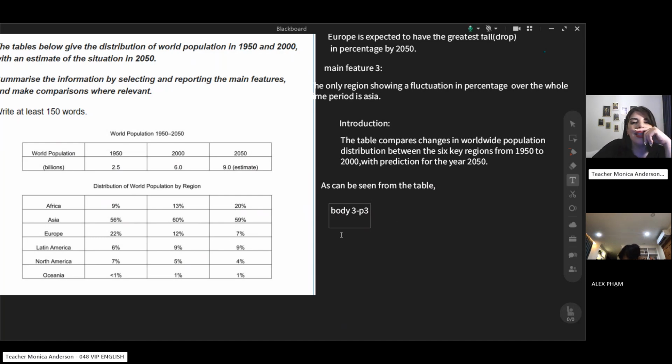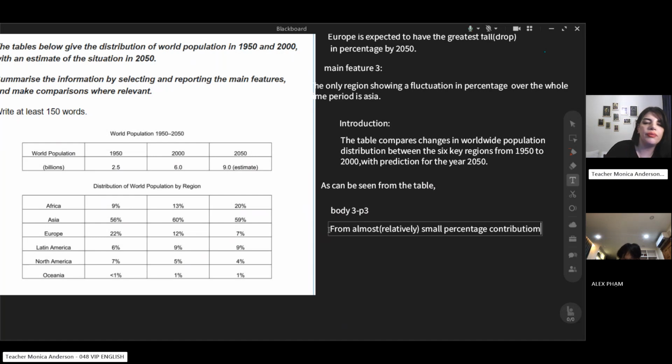So we can say that from relatively, for example, small percentage contribution of how many, like it's about how much? 9%.